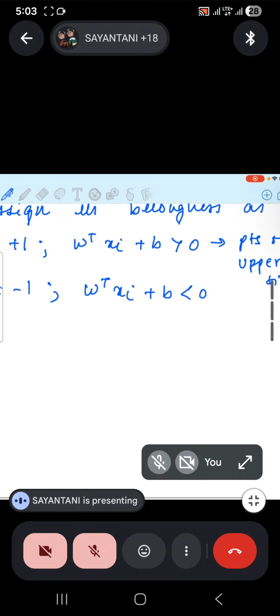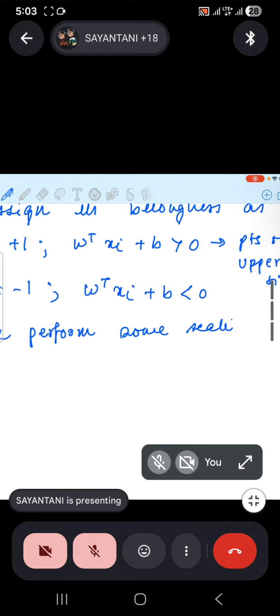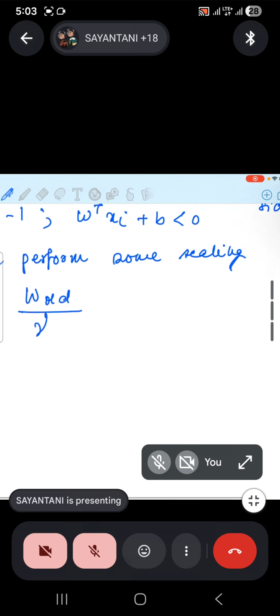Now in this equation, suppose we perform some scaling. So W new is equal to W old divided by some value gamma, and B new is equal to B old divided by some value gamma.